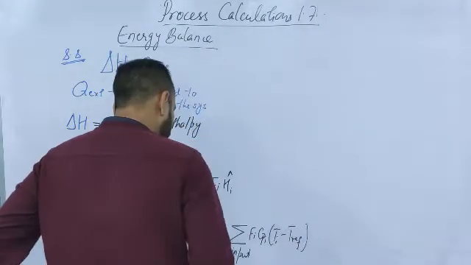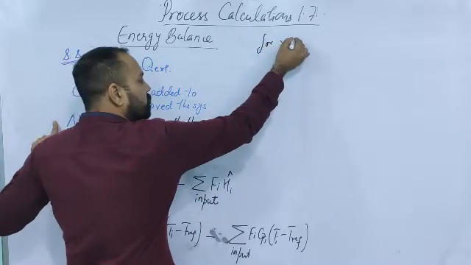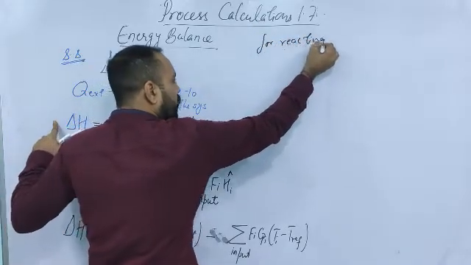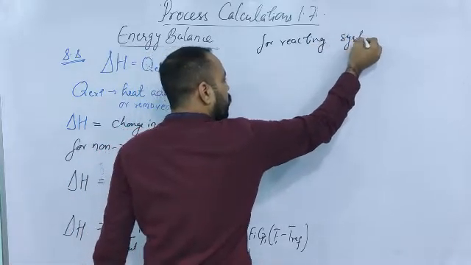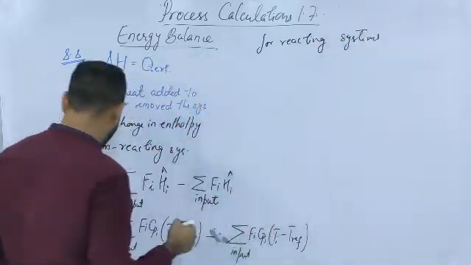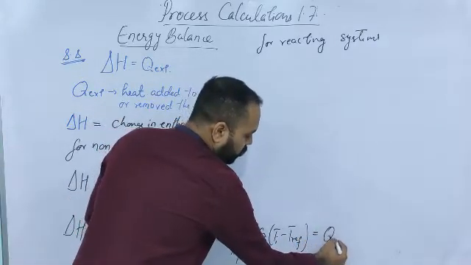Suppose a reaction is also taking place, then how do you write it? For reacting systems, you can use this equation in chemical reaction engineering as well. For reacting systems, this is your delta H, and this delta H must be equal to the Q external.